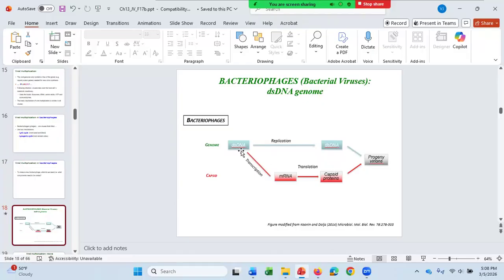How that's made is the double-stranded DNA of the virus separates into single strands, and it'll be transcribed into viral messenger RNA, which will then be made into the capsid proteins. And then the capsid protein has to get together with the replicated genome to make the new progeny virions.